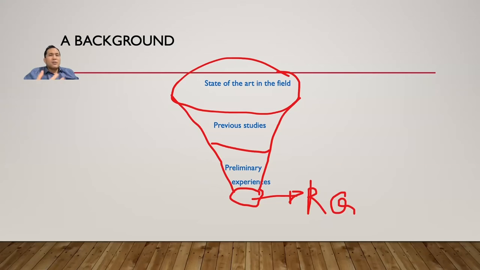So at least you read 5 or more recent articles about your topics. And sometimes if you have preliminary experiences, it's okay, you can put them over there. For example, what's happening in the class. But be careful with this one.